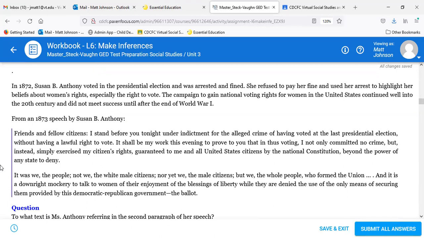Friends and fellow citizens, I stand before you tonight under indictment for the alleged crime of having voted at the last presidential election without having a lawful right to vote.